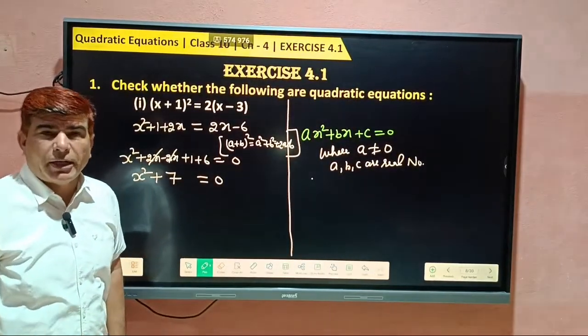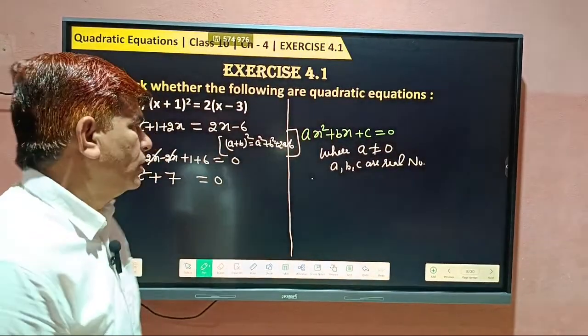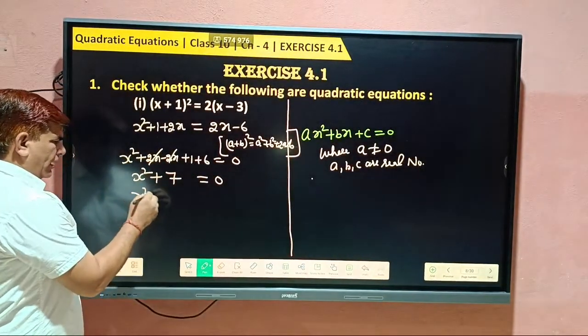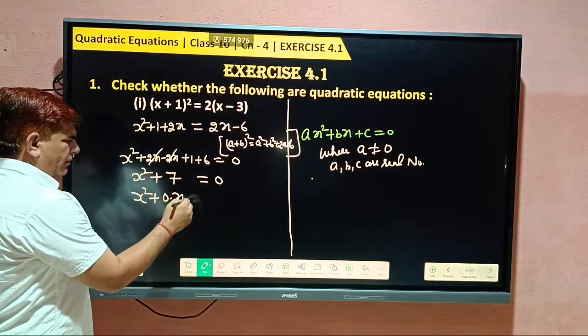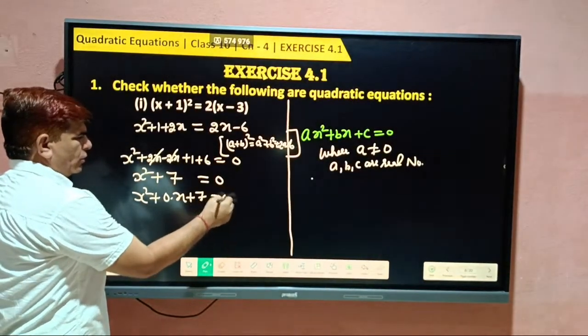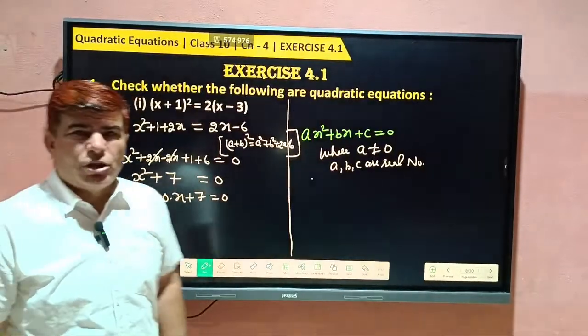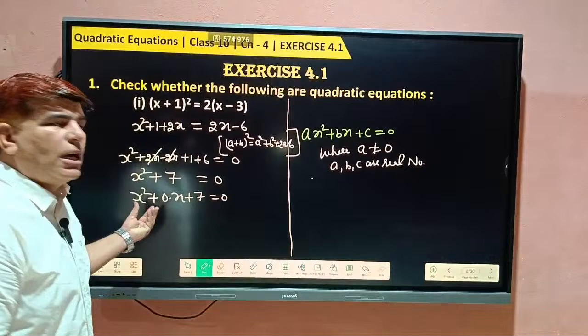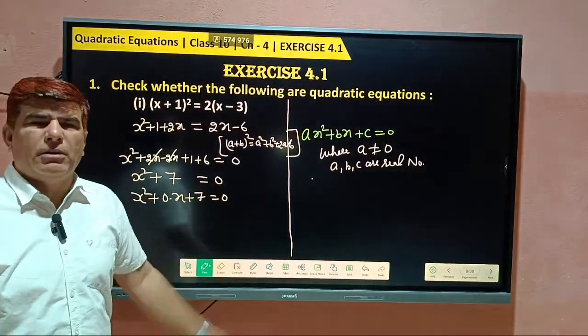Is it a quadratic equation? You have to tell. We can compare this with the standard form, or we can write it like this: x² + 0·x + 7 = 0. In this type of question, first we have to check the highest power of the variable.